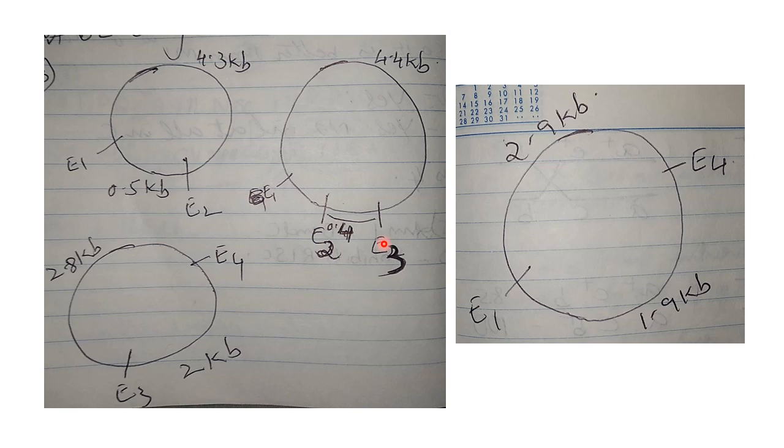After digestion with E3, you will get E2, E1, E4. That is not correct. Then the sequence of recognition sites after digestion of the plasmid with E2 is E1, E3 and E4. That is also not correct. So the answer here is option 2. E2 recognition sequence is located between E1 and E3.